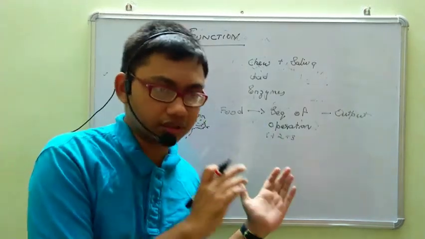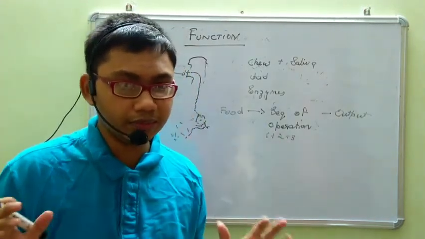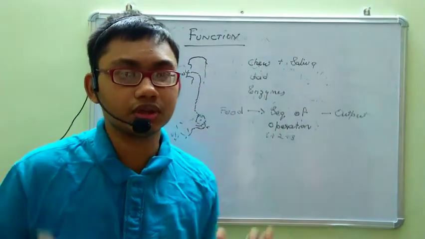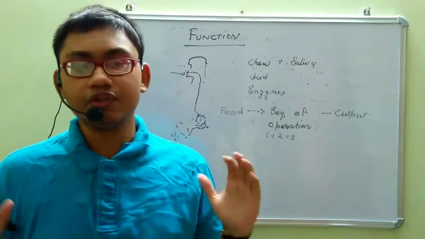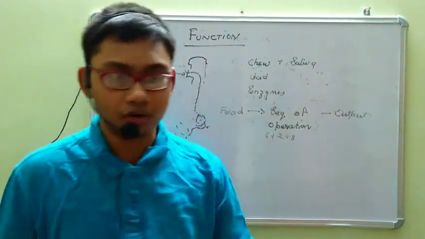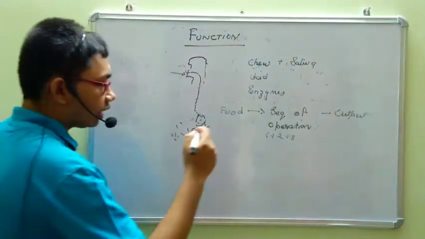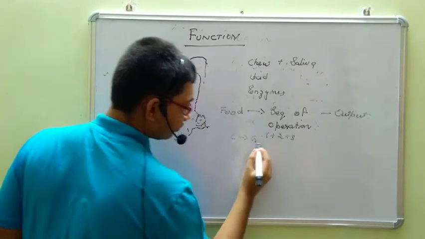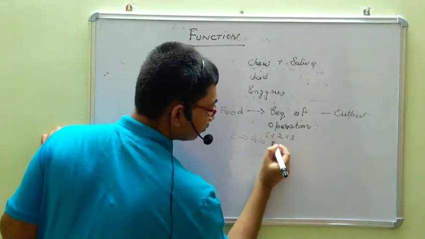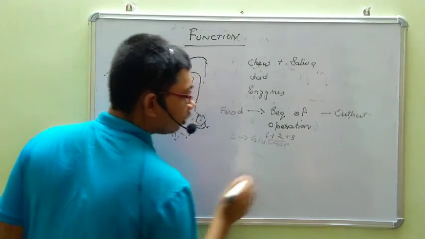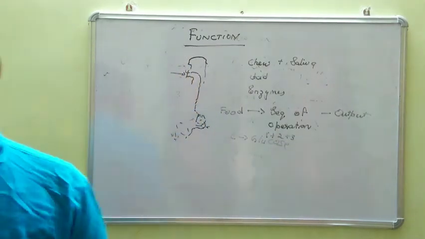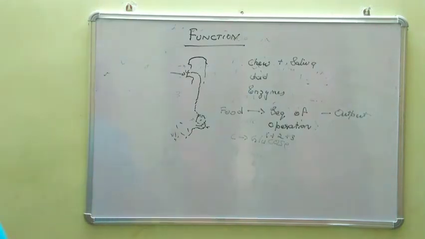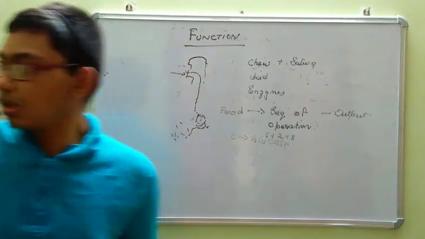It encompasses some operations which convert the given input into output. Like for carbohydrate we have glucose, and for fats we have fatty acids. So this is the process of digestion.